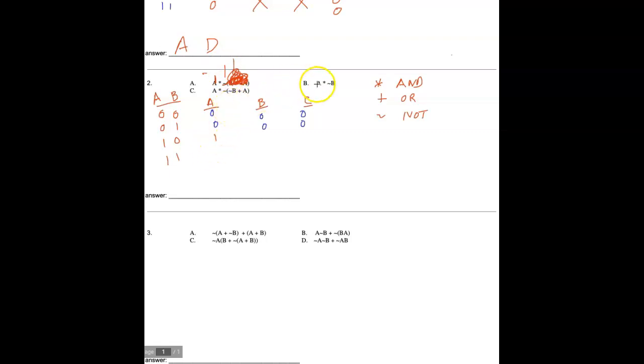Okay, over here, B, plugging a 1 in and a 0 in. Again, looking at this ordered pair right here. The not of that 0 must be evaluated first, which would simplify to a 1. And 1 times 1 is 1, and so B is a 1. So far, they're equivalent. C down here, plugging in the 1 and the 0 carefully.